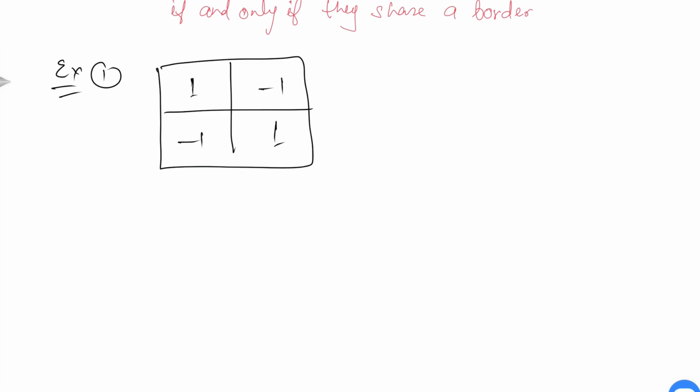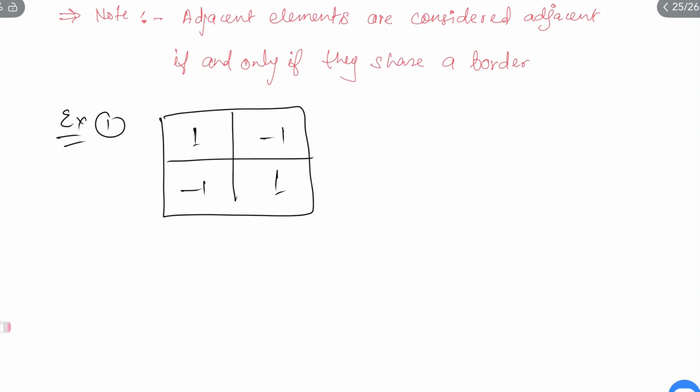Very first, what are the adjacent elements here? Because as you see, elements are considered adjacent if and only if they share a border. Here I will take the first pair where they share the border.